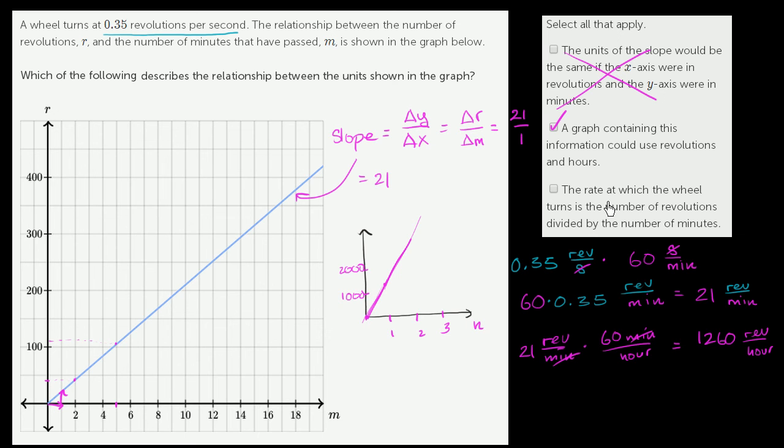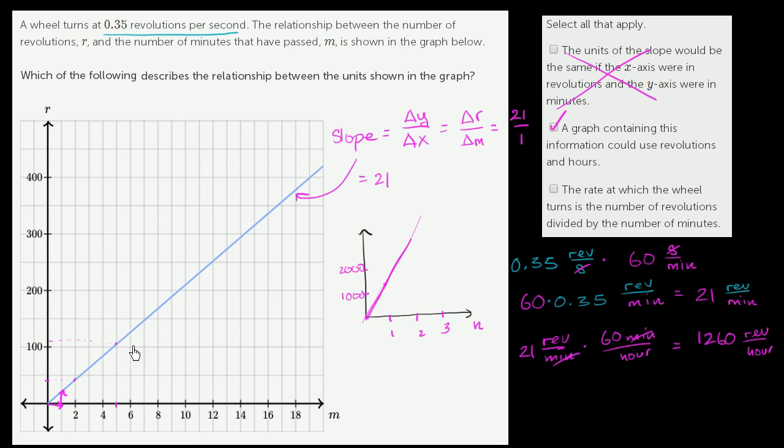Now let's look at the last statement. The rate at which the wheel turns is the number of revolutions divided by the number of minutes. Sure, the rate is, which is actually in this case because revolutions is on the vertical axis and minutes is on the horizontal, the rate is the slope. So the rate at which the revolutions change with respect to time on this graph, the way it's depicted, is revolutions per minute.